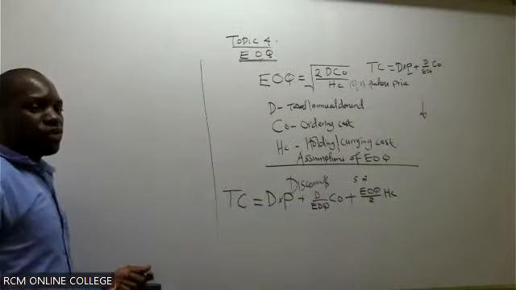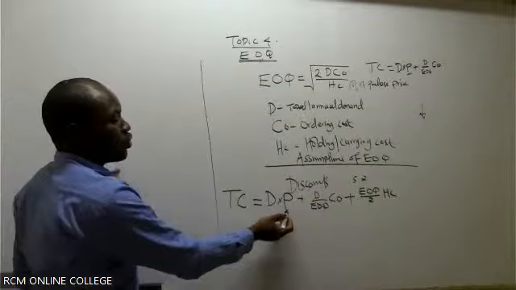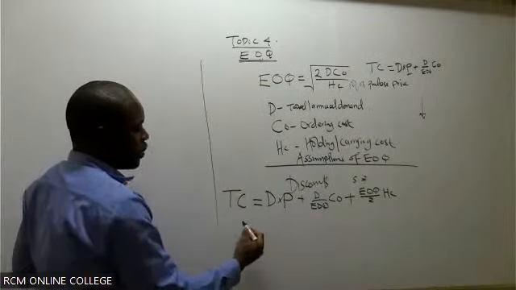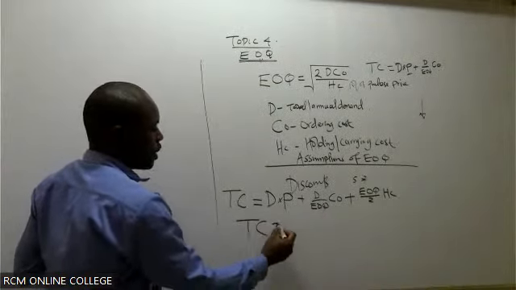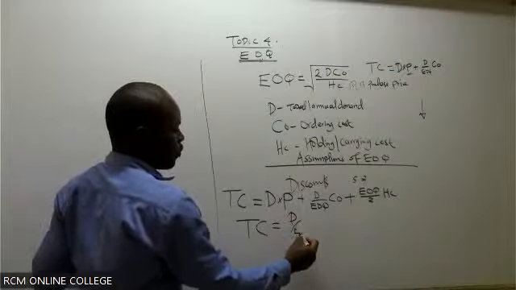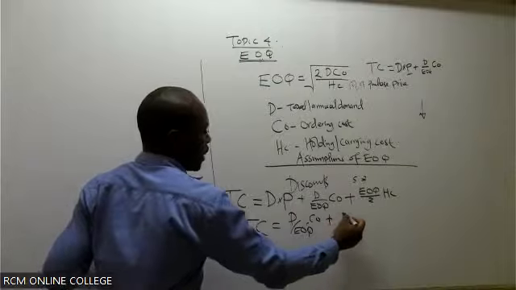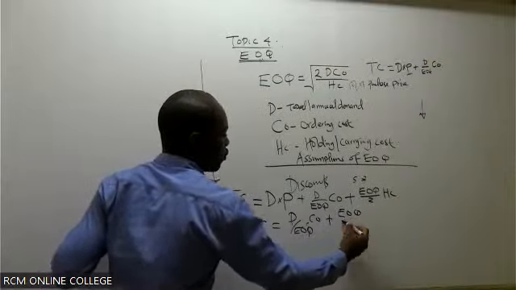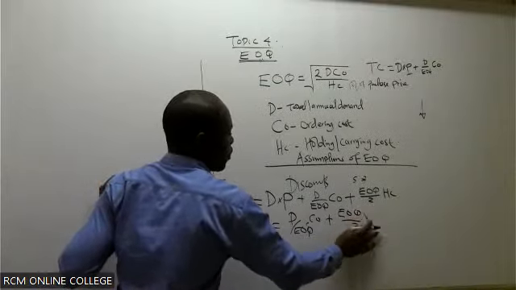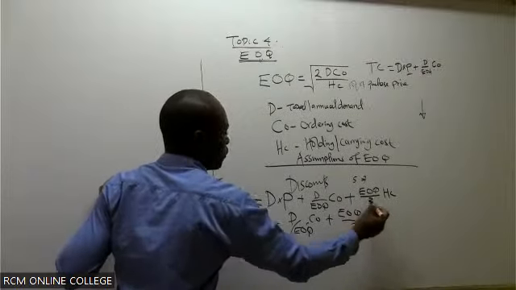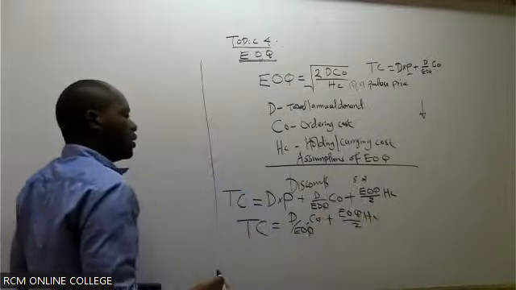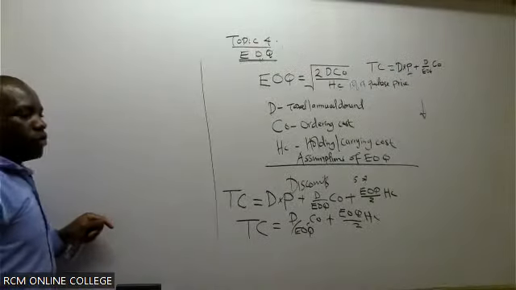Should you get a question whereby the purchase price is not given, then automatically your total cost still will be demand over economic order quantity multiplied by ordering cost plus economic order quantity divided by 2, then you multiply by holding cost. Why do they assume this?